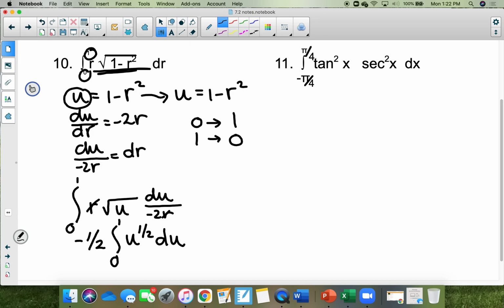And then you're going to leave it in terms of the square root of u. You're going to plug the upper limit in first. And when you get the upper limit, you get negative 1/2 minus the lower limit, which is 0. I have to integrate still.